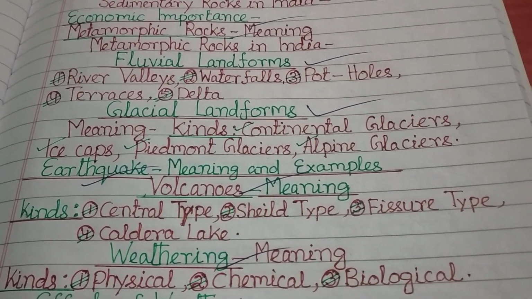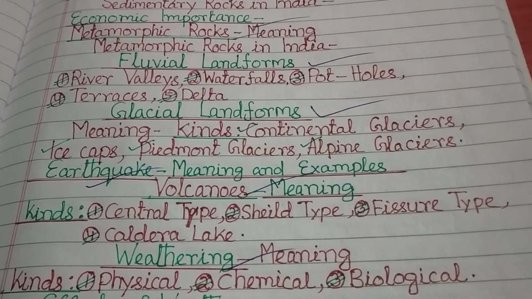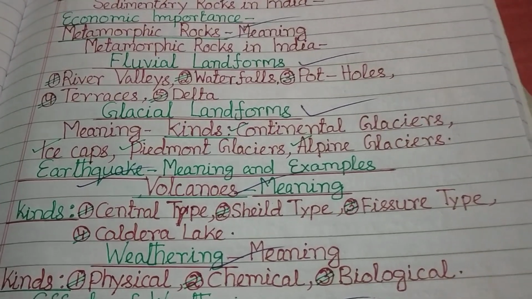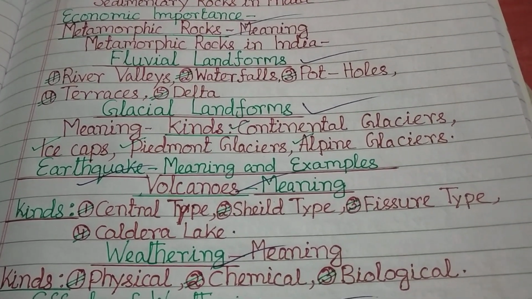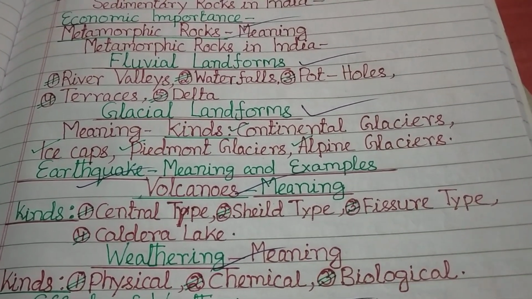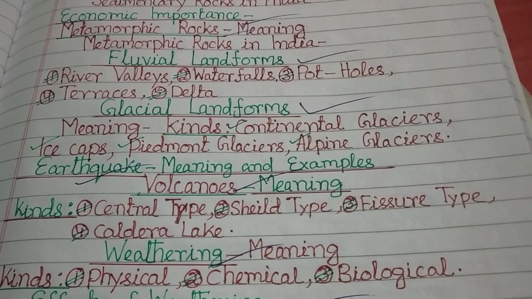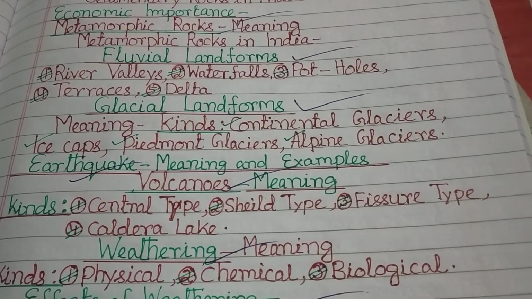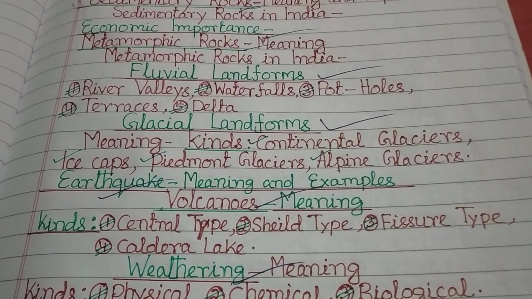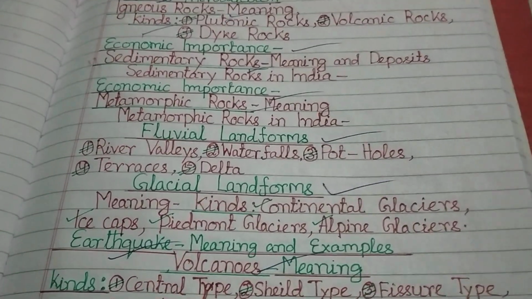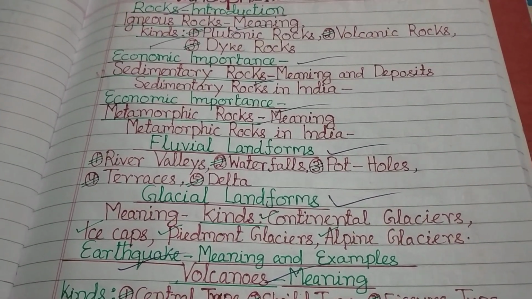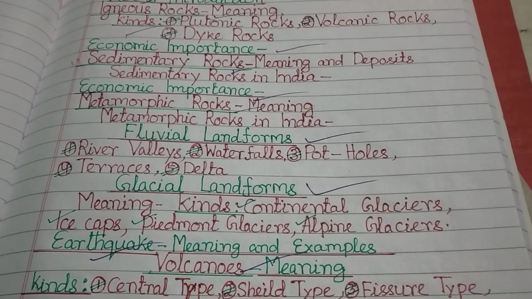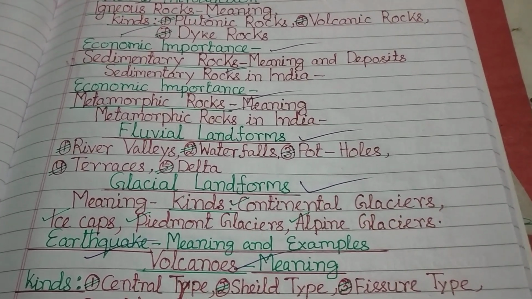This happens when the molten matter either cools down on reaching the surface of the earth or within the fissures and cavities of the earth. Various classifications of igneous rocks are made, such as the plutonic rocks, and these plutonic rocks are named after the Roman god Pluto.